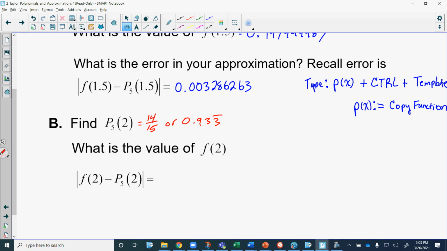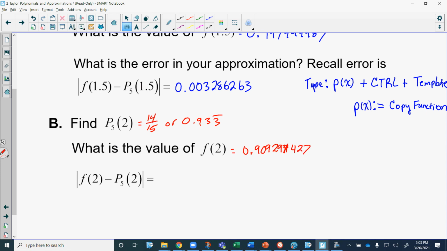And if you say sine of 2 on your calculator, sine of 2 will be 0.9092797427.